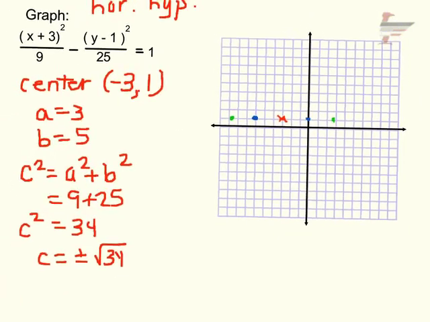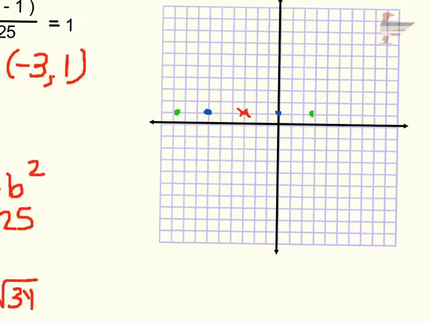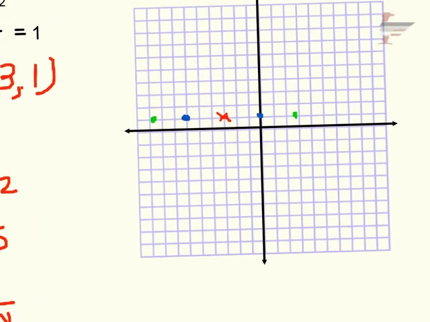And last but not least, I know from my center in the y direction I should go 5 units. So I'm going to go 5 units in the y direction from my center. So 5, 1, 5. And then that kind of makes that rectangular box for me.